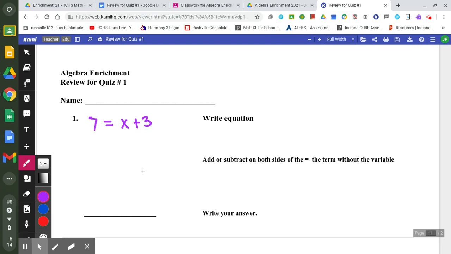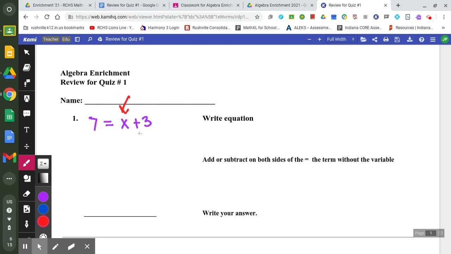So for number 1, we have 7 equals x plus 3. So you write your equation, and then your first set of directions, add or subtract on both sides of the equal sign the term without the variable. So I want to keep the x right where it is.